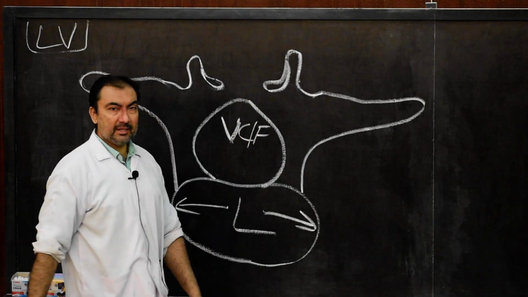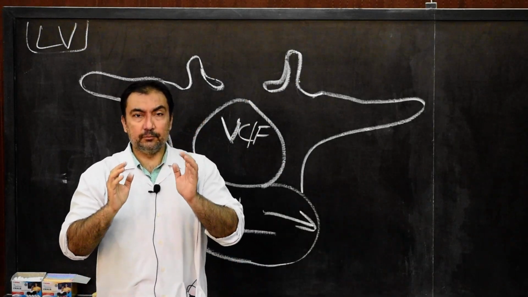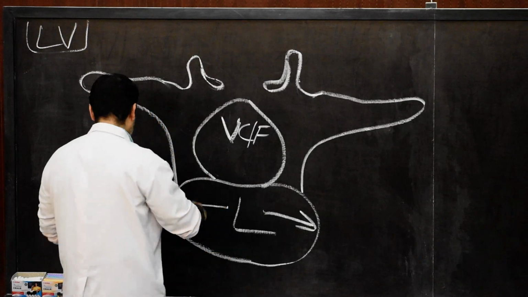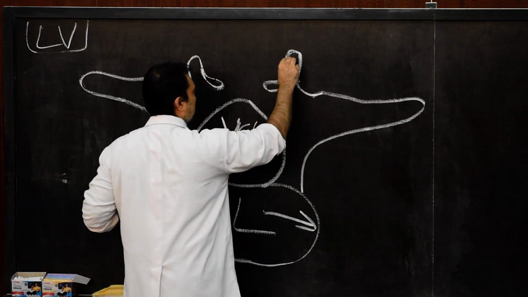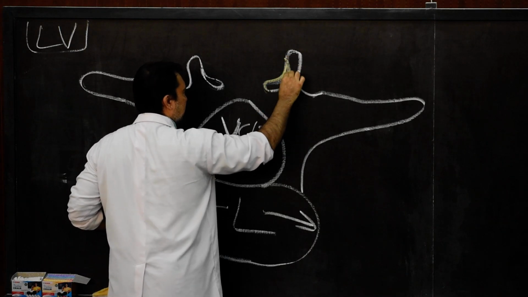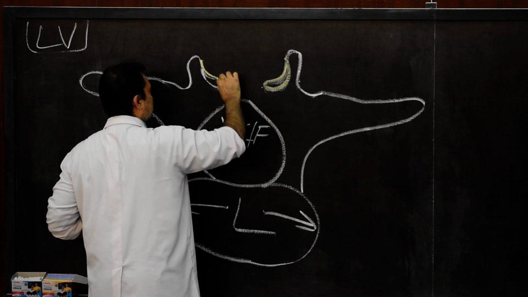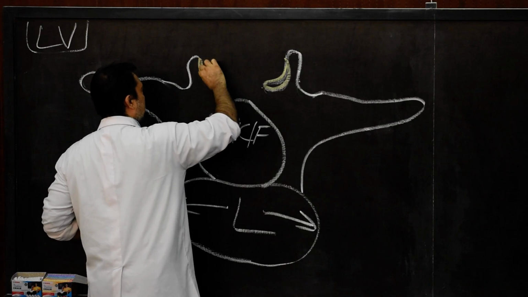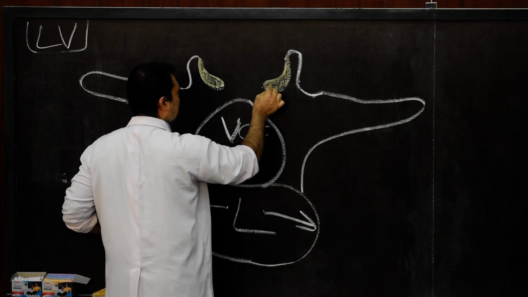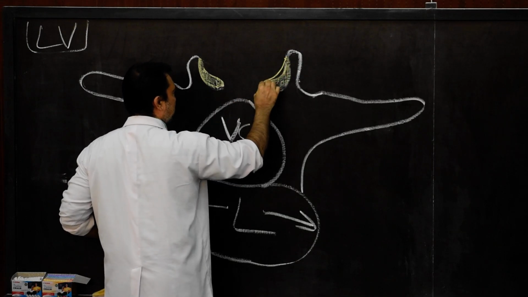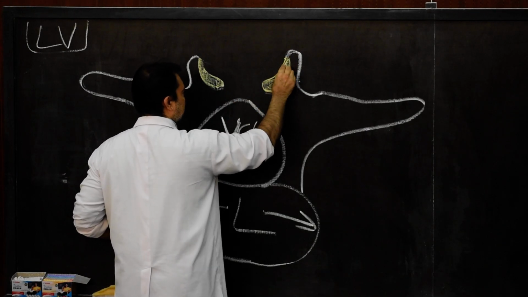The superior articular facets are directed posterior-medially. The direction of the superior articular facets will always be posterior-medially, and here I am giving it a yellow color.